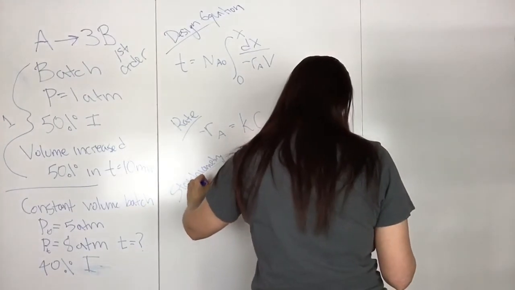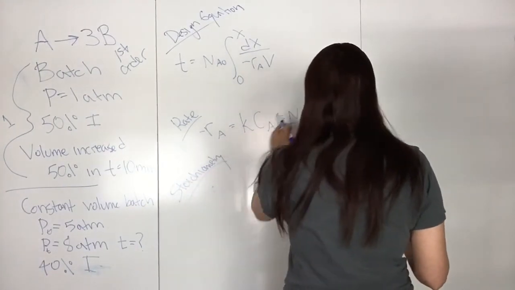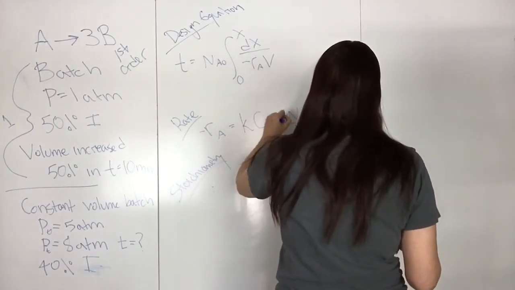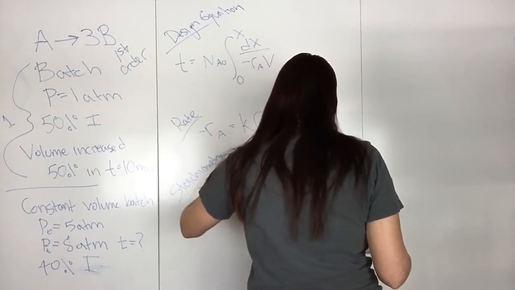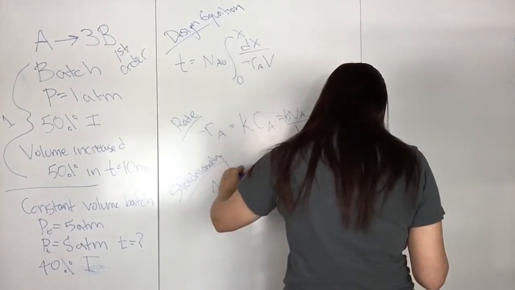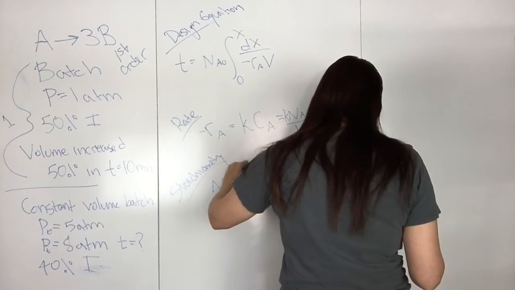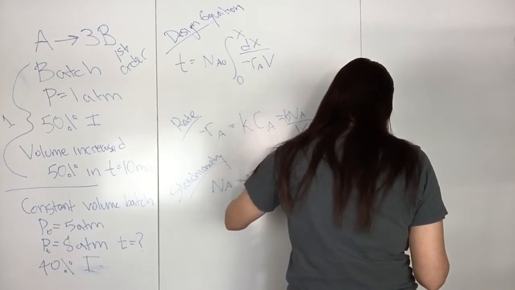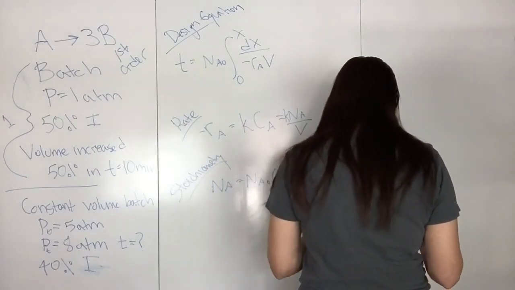So for this I need Na, and then there's K there, so Na is equal to Na naught (1 minus x).